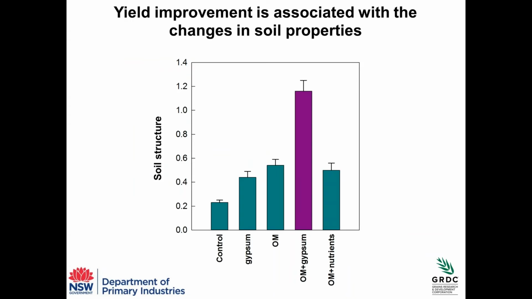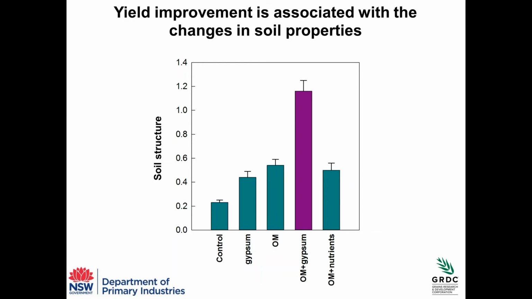When you look at the soil structure affected by these different mechanisms, in terms of any improvement in soil structure by amendments, there is a bit of response to gypsum. It's a significant increase compared to control.